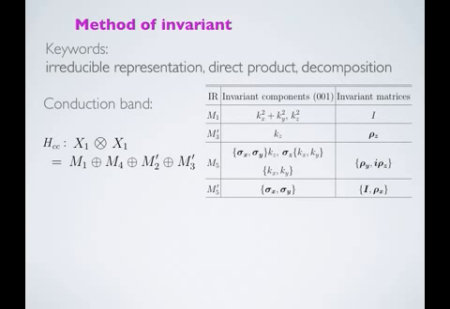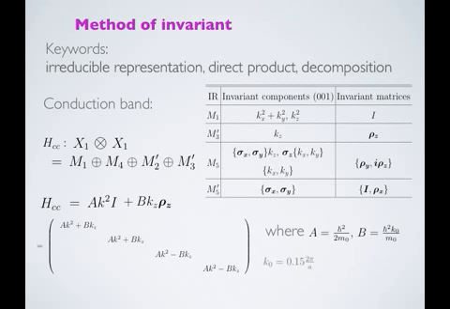For example, we have M1. So we just take k squared times the identity matrix with a factor of A. And also we have M3 prime. So we take kz times the matrix rho z with a factor of B. Here in the decomposition, there are two other representations, M2 prime and M4.